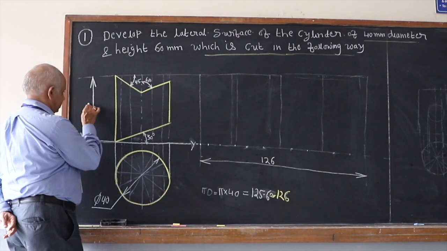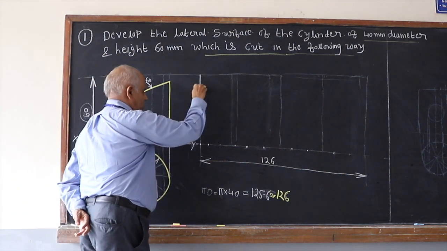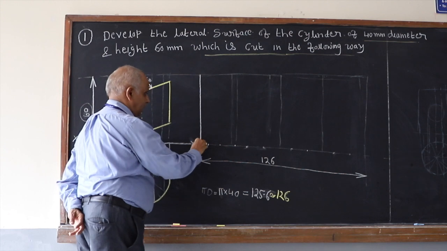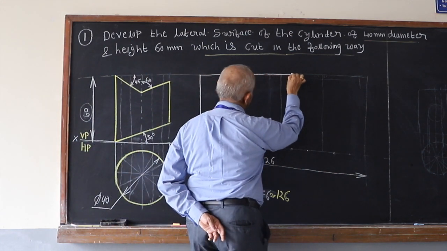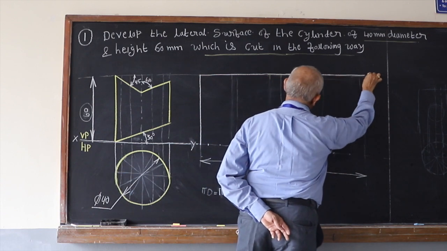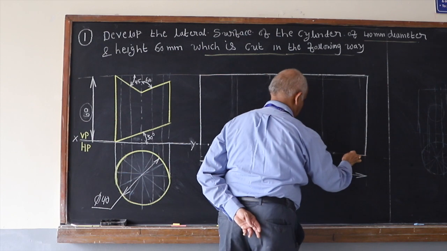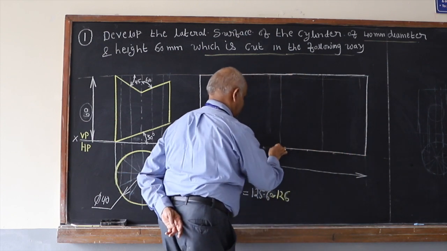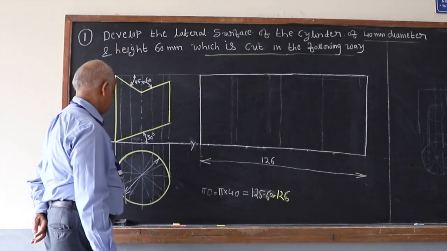Height of course is 60 millimeters, and therefore the development of the cylinder is a simple rectangle whose height is equal to the height of the cylinder and base is equal to pi d, the perimeter of the circle. So this gives you the basic development.